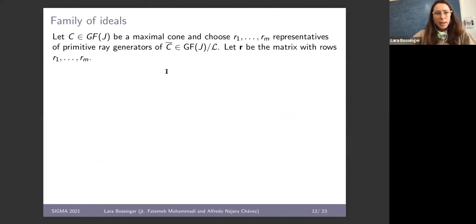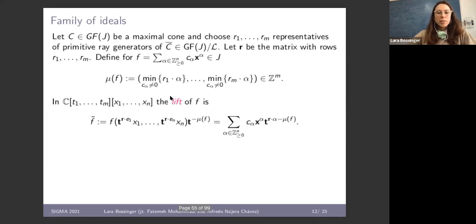And what I will do is choose representatives of the rays, primitive ray generators of my cone, and do the Gröbner theory construction for all these points at the same time.